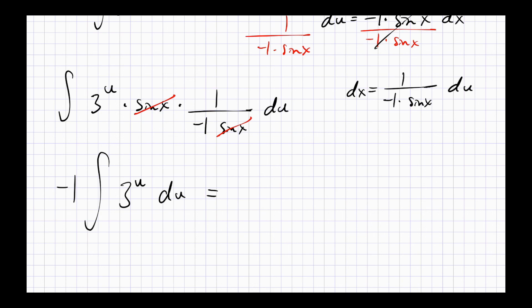So it says a to the u du equals 1 over the natural log of a, then a to the u again. Well, a in this case is 3. So 3 to the u plus c.